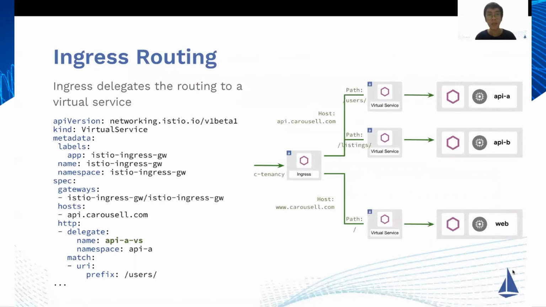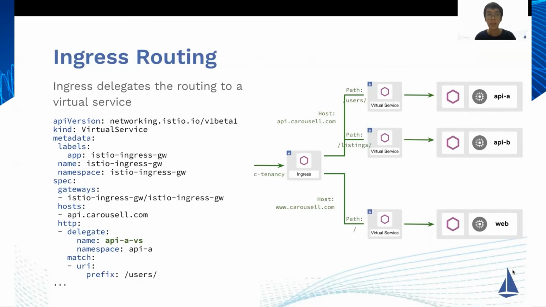Next, moving on to the ingress. Since the C tenancy routing is the critical part here, in the ingress we also need to implement the same. We need to introduce the same C tenancy header routing in the ingress controller. With Istio, we generally configure the ingress routing via virtual service as well.